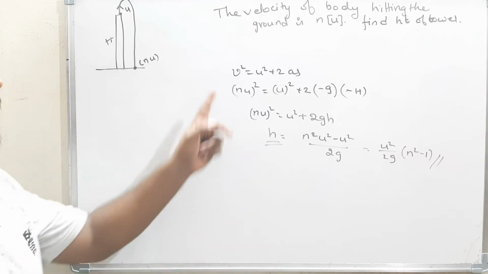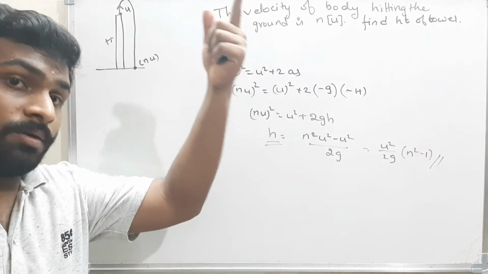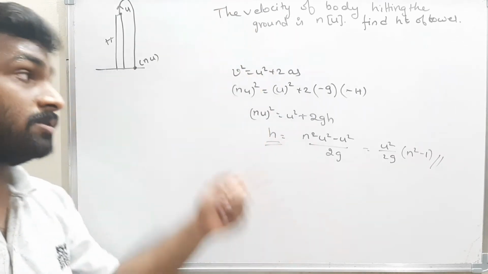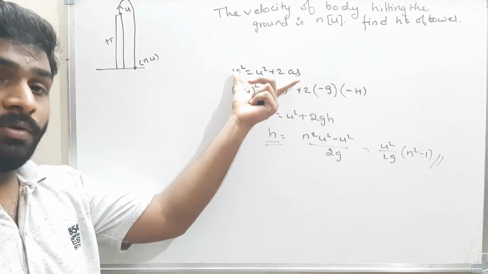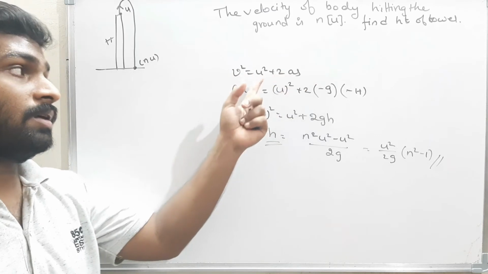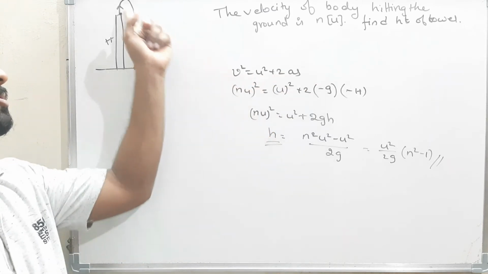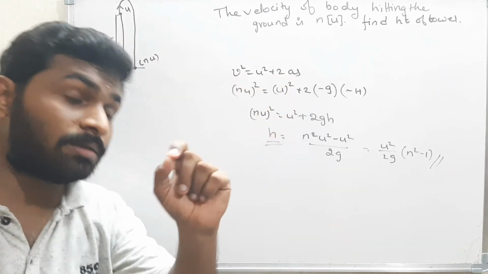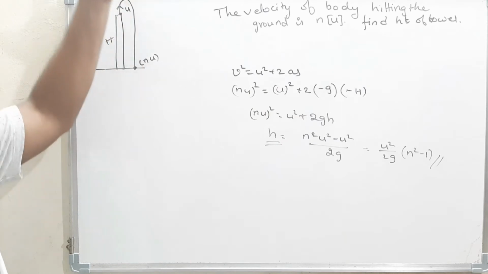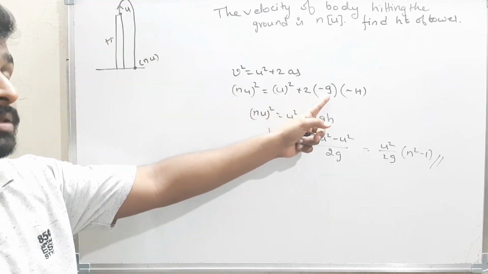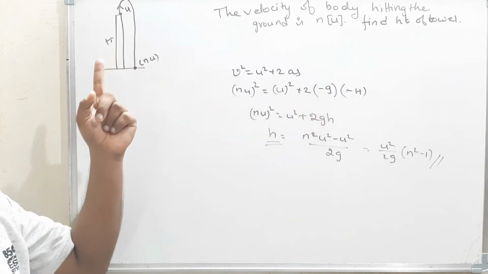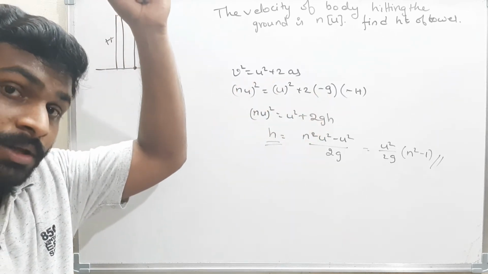I think this is clear. They told that the launching velocity is u and the velocity with which the body hits the ground is nu. Now they have to find the height of the tower. I use the formula v square is equal to u square plus 2as. Final velocity is nu, initial velocity is u. But here the directions are important. Initial direction of the velocity is upwards, therefore plus u. Now the g: initially the direction of the body is upwards, which means minus g.